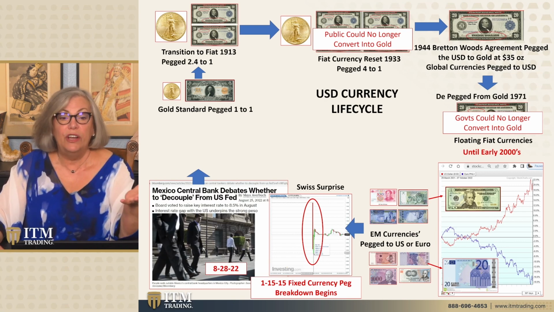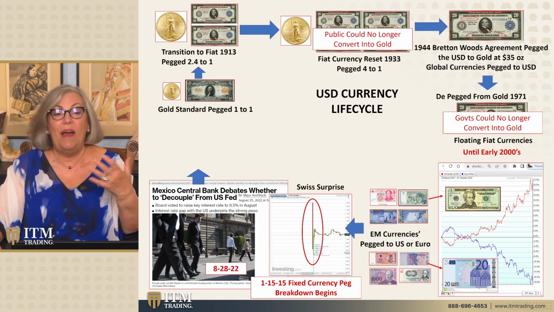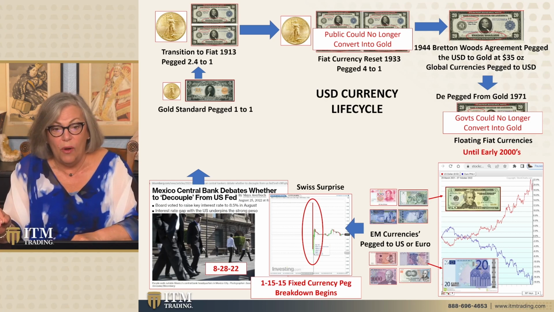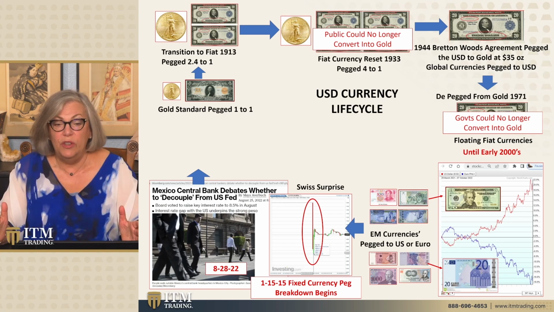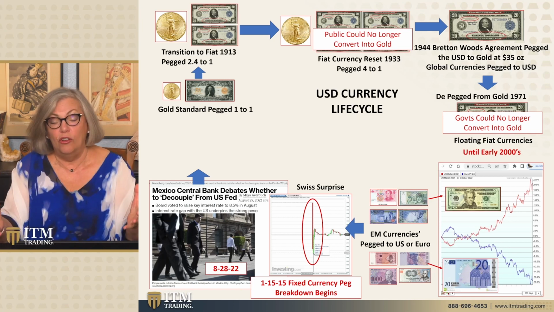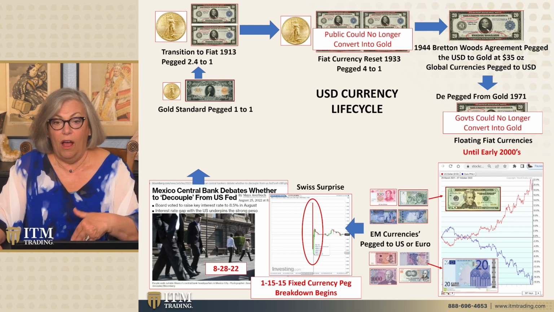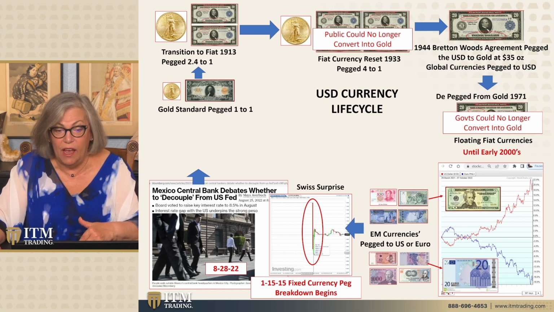And now we're hearing recently that Mexico is thinking about depegging from the US dollar. So even though it's been a few years in between, what the globe actually learned, and particularly central banks, is that when it comes down to it, it's every central bank for itself.